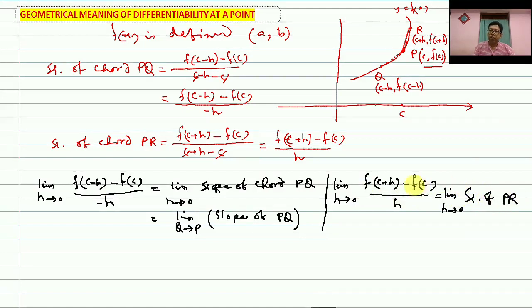When h tends to 0 in this chord PR, the point R is tending to P. So you can write the limit as R tends to P of the slope of the chord PR.